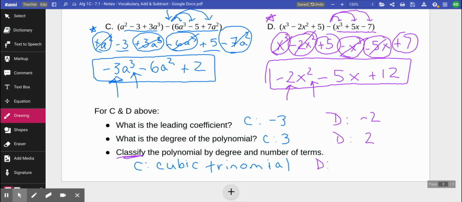So you can use that number 2 to find on your chart what is a degree of 2, and we would find that it's a quadratic. And then how many terms is it? 1, 2, 3. So that is a trinomial as well. So these were both trinomials, but one was a cubic trinomial and this one was a quadratic trinomial. Okay, and that's your notes.